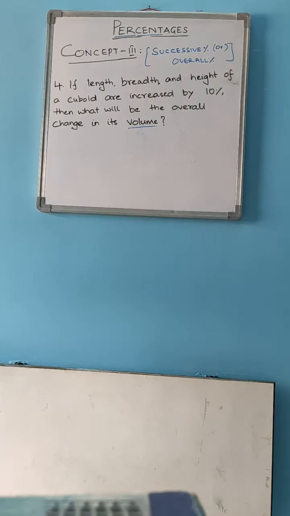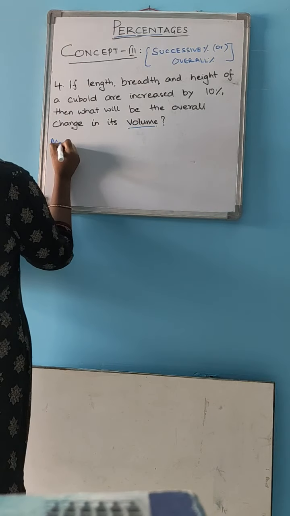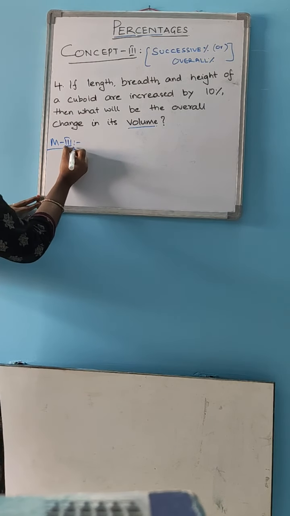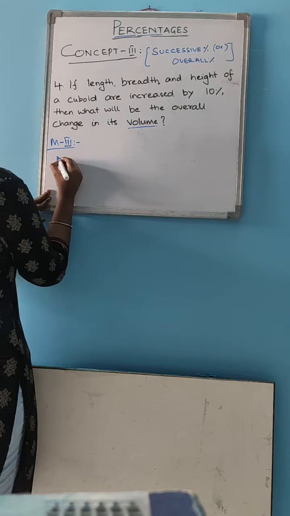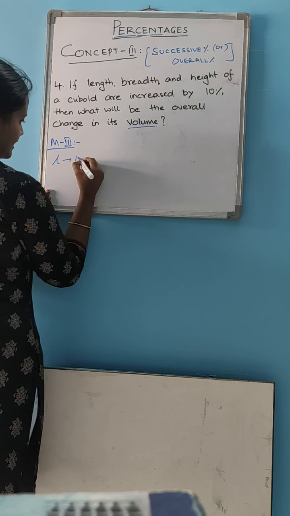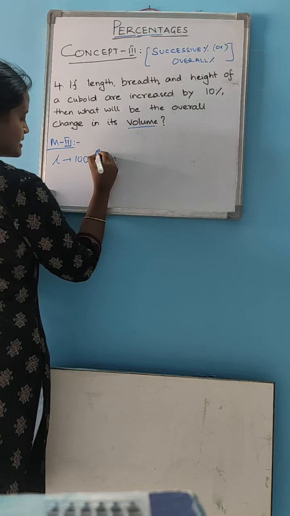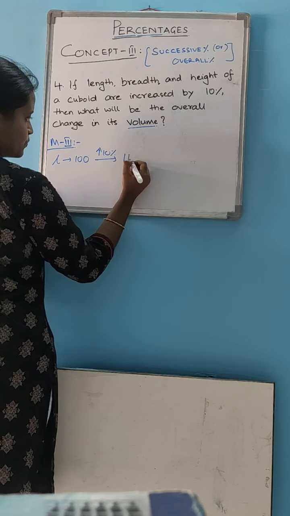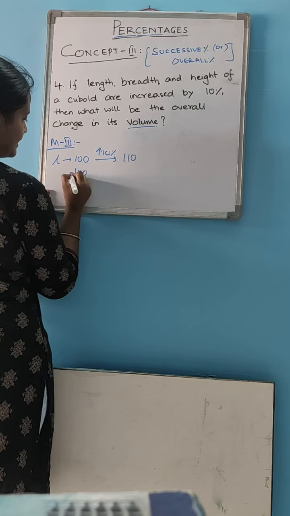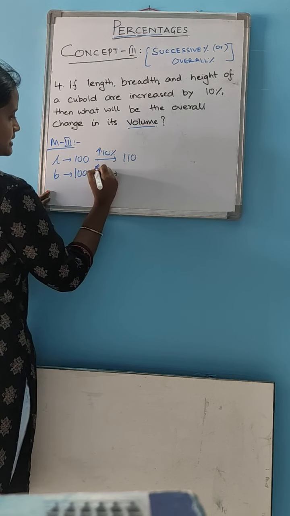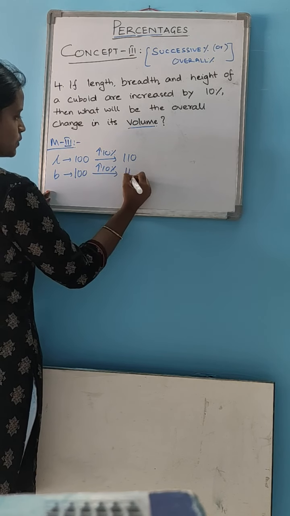We will see the same problem with method 3. How to solve with method 3? Here, 10% increase. If the initial length is 100 and increased by 10%, it is 110. Breadth is 100 and increased by 10%, so it is also 110.